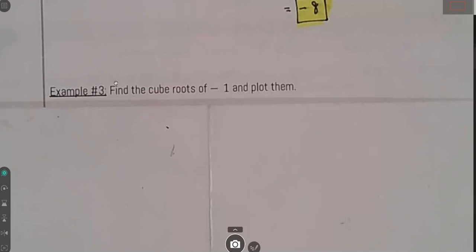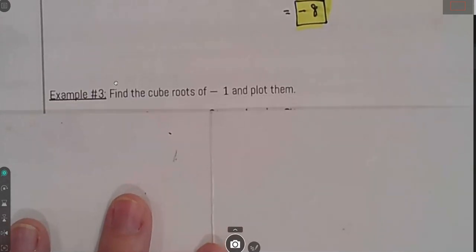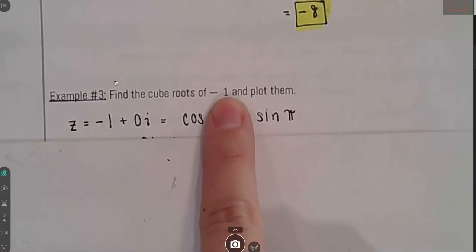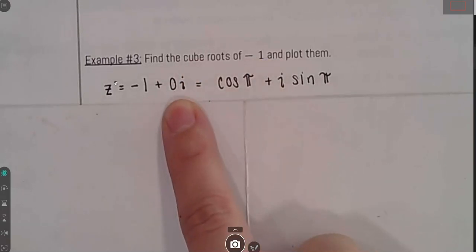But we know from the fundamental theorem of algebra that there are 2 more roots in there. When you find the cube root of something, there are going to be 3 roots. Using complex numbers, using De Moivre's theorem, we can actually find the other 2. So, first thing I'm going to do, I'm going to write this in complex form. So -1 is going to be -1 plus 0i.